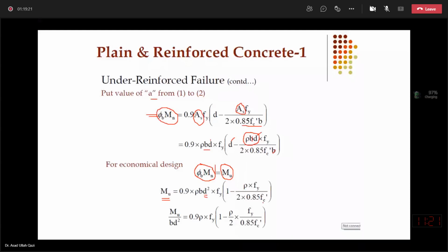I will take this bd square as denominator on the left hand side.